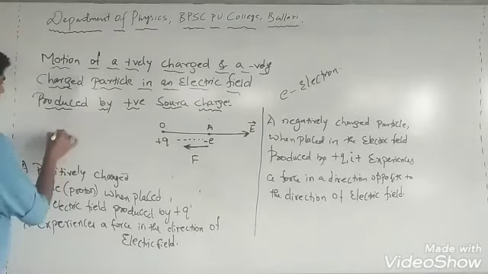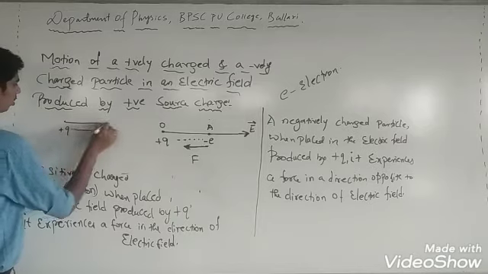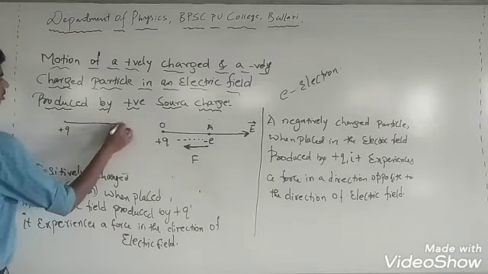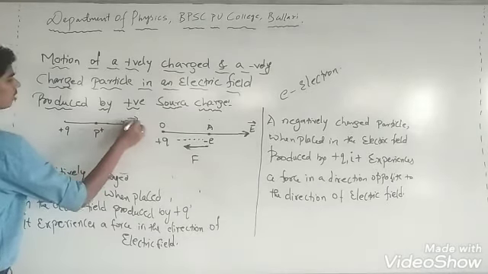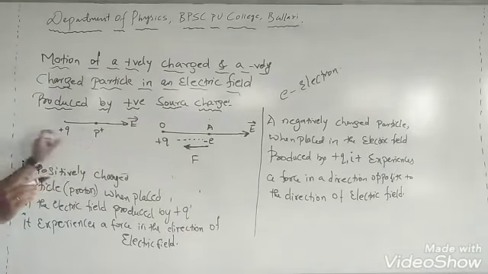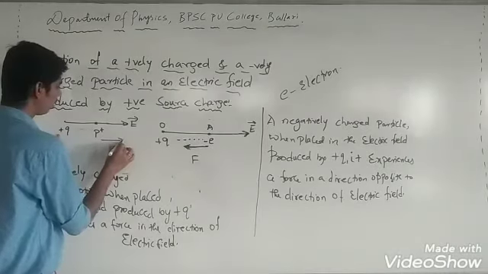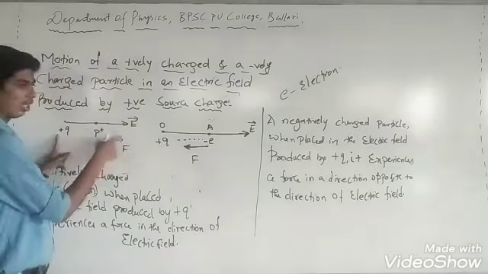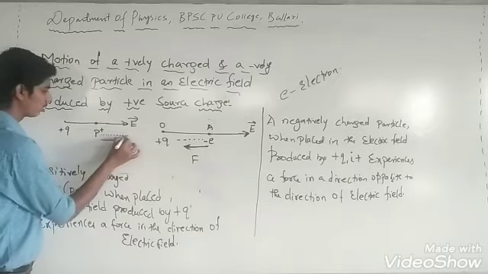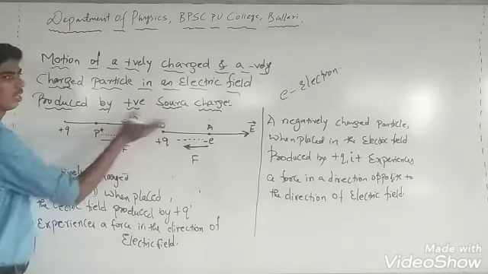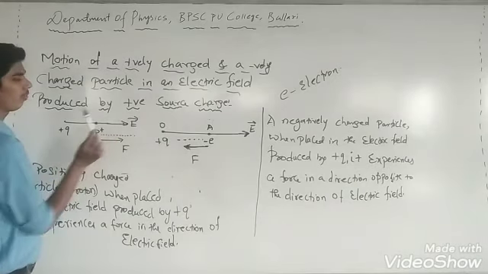I repeat, whenever a positively charged particle is placed, say a proton, in the electric field produced by plus Q, this positively charged particle experiences force in the direction of electric field. The proton moves along the direction of electric field.